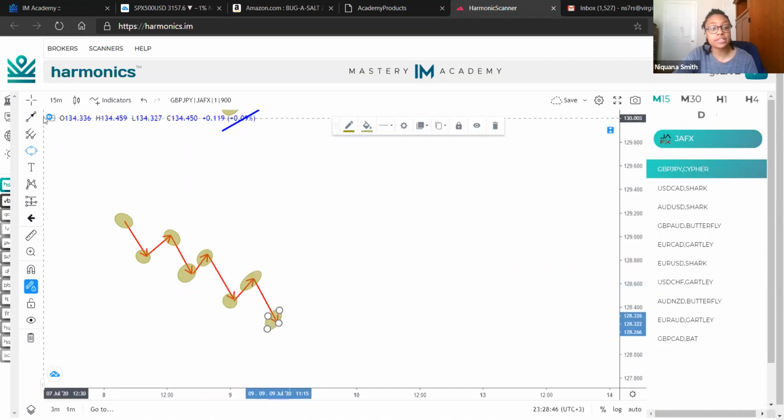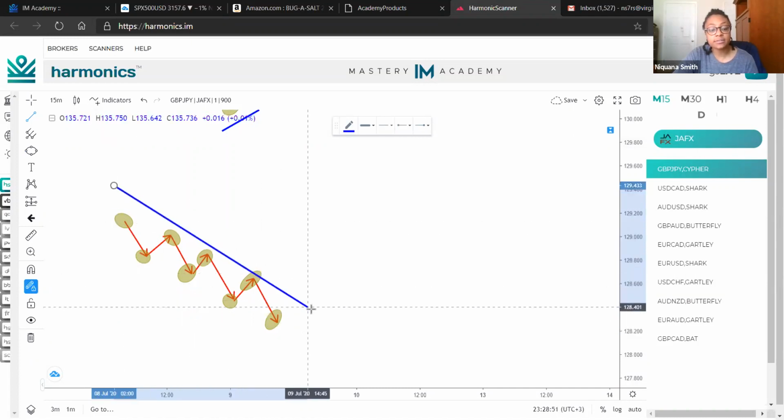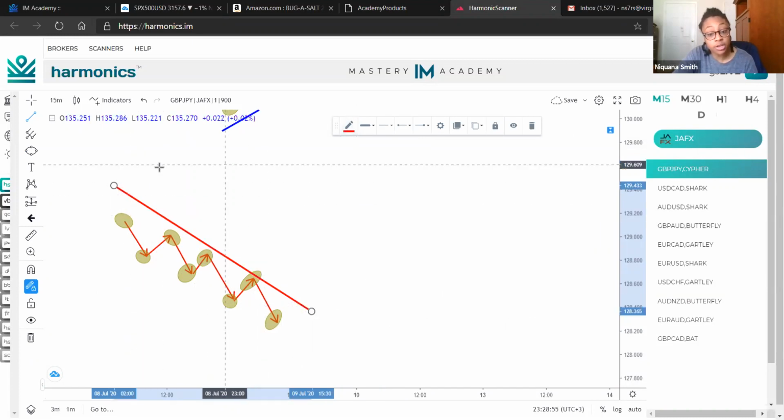So this, guys, is market structure. I mean, it's not easy, but it's simple. And I say that it's not easy because when you look at my example, this is kind of an ideal setup, but it's not always going to be this way when you're looking at your actual chart.